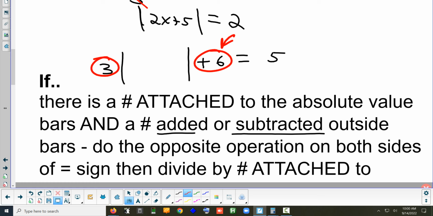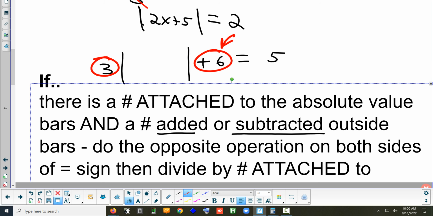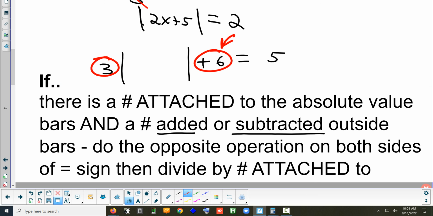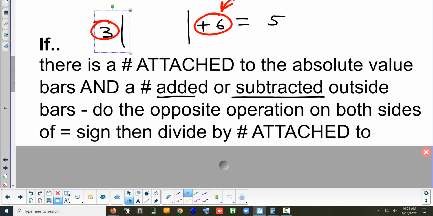That would be my first step. We get rid of the number that's added or subtracted by doing the opposite. Then the next step is the same as the step I just gave you. Get rid of the number that's attached right in front. And how do we get rid of the number that's attached? Divide.